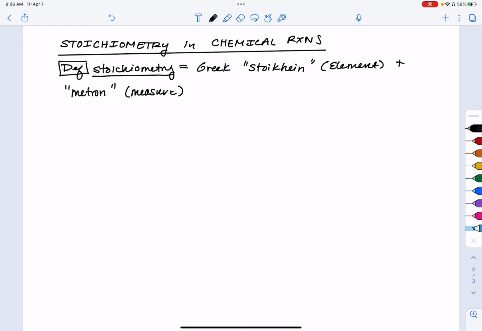So if we put these together, then stoichiometry is the process of measuring elements. Now, when we talk about measuring elements, we're not talking about things like literally measuring the size of an element or something.